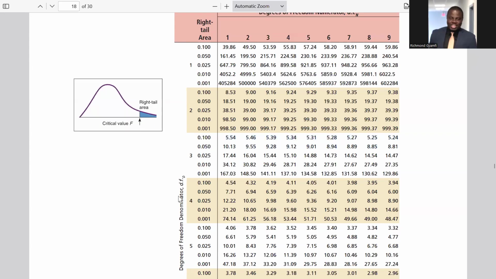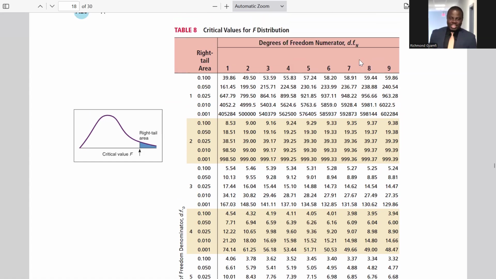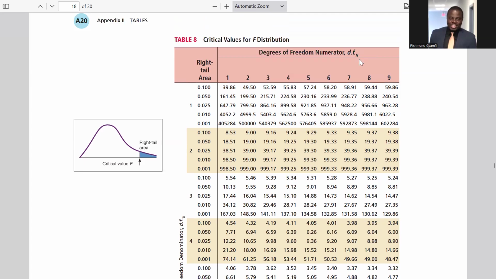So here we have degrees of freedom D, which is the denominator, which is W, within the group. So degrees of freedom within the groups. And then up top, you have degrees of freedom N, which is between the groups. Now, from our example, degrees of freedom between the groups was 2.